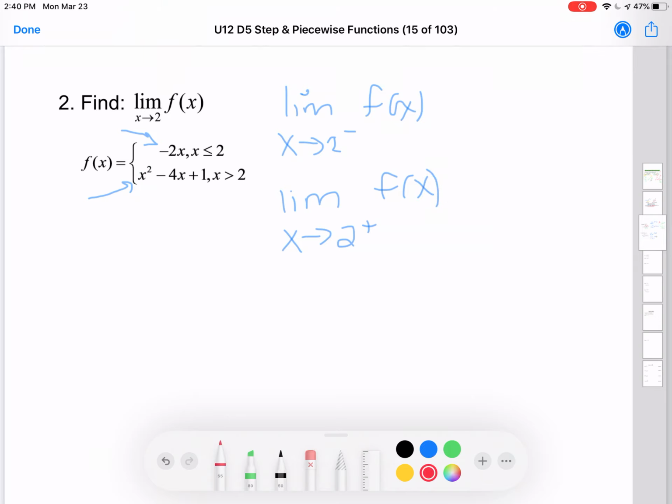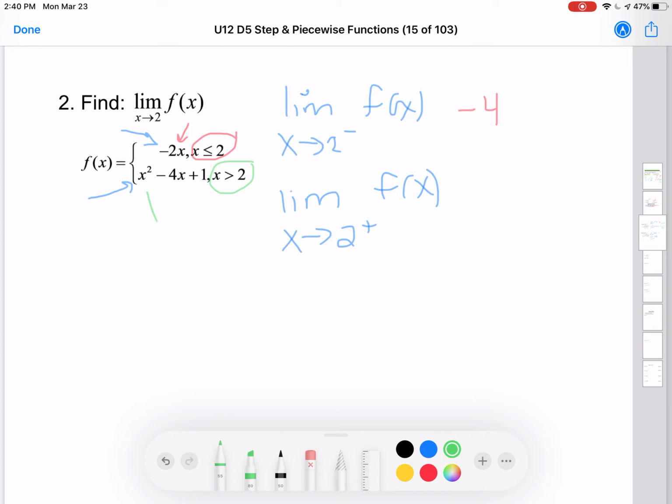Okay, so if I want to approach 2 from the left, that means I'm a little bit smaller than 2, so that's this domain. So take 2 and replace it in, and we get -4. Now let's do the limit as x approaches 2 from the right, so that means it's a little bit bigger than 2. So that's this domain.